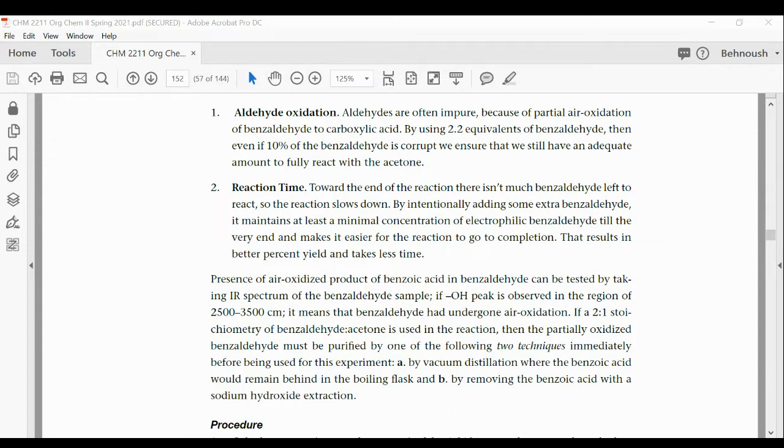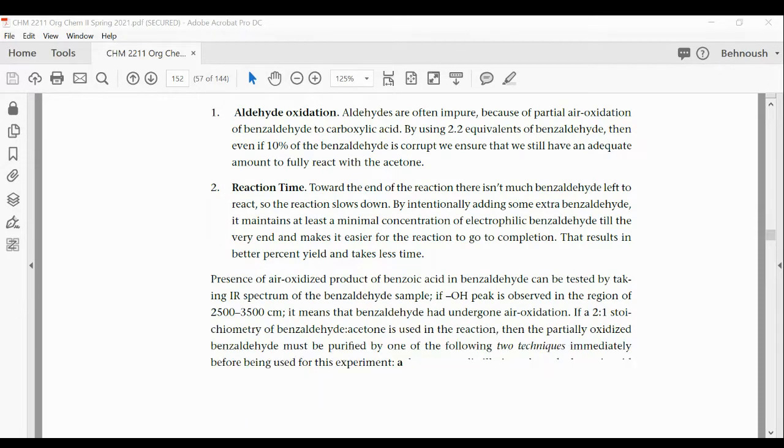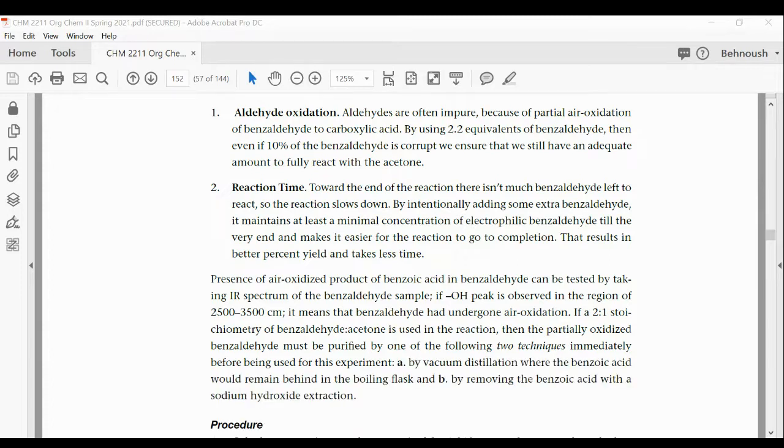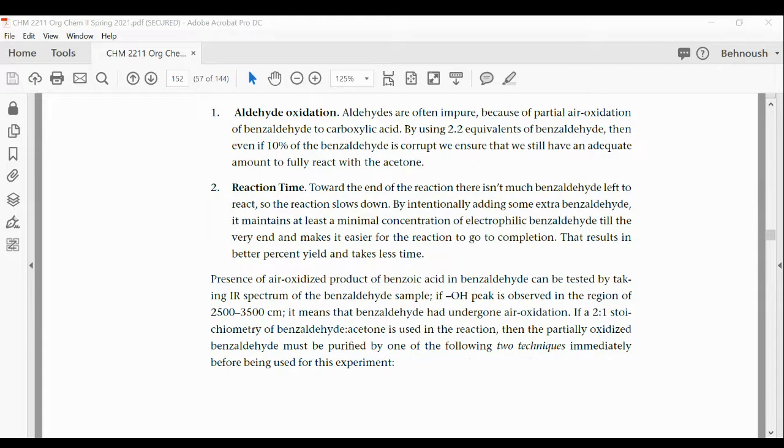Let me just explain that when we look at the IR spectrum, if there is any impurity coming from ketone, it would show in the IR.